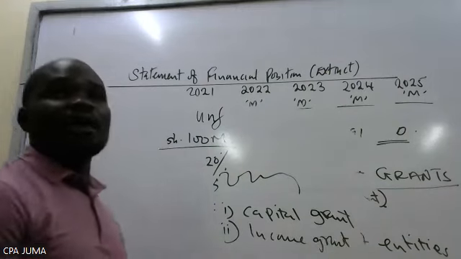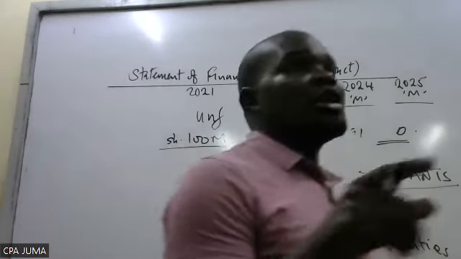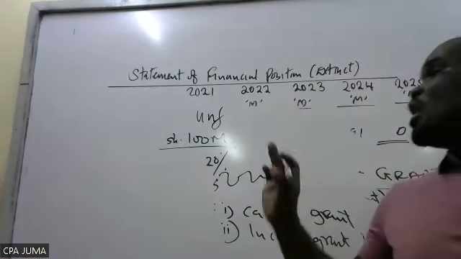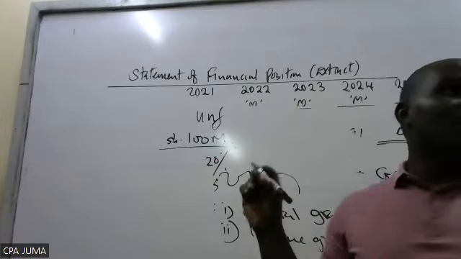So you are required to prepare the P&L and balance sheet, assuming it was a capital grant, and also assuming it was an income grant.